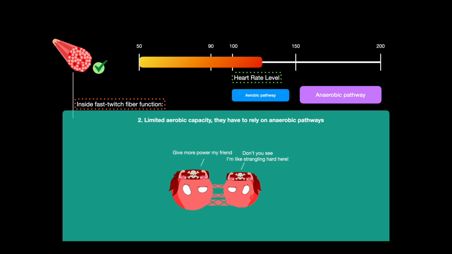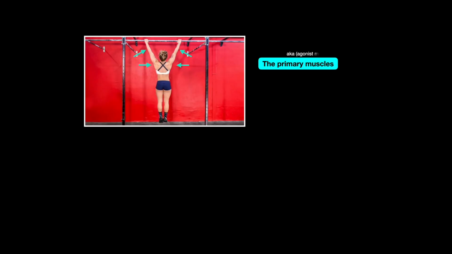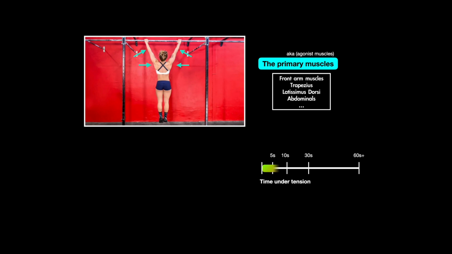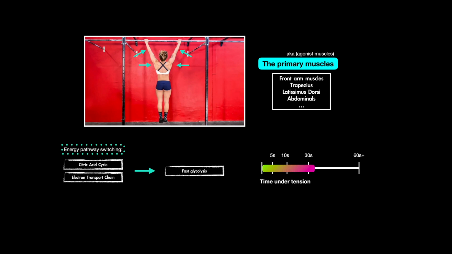That means even if you do a dead hang, the agonist muscles, aka the primary muscles for the movement, will have to rely on anaerobic pathways for energy when you increase the time under tension. Your breathing will become more rapid, of course, because your body is demanding more oxygen at this point.